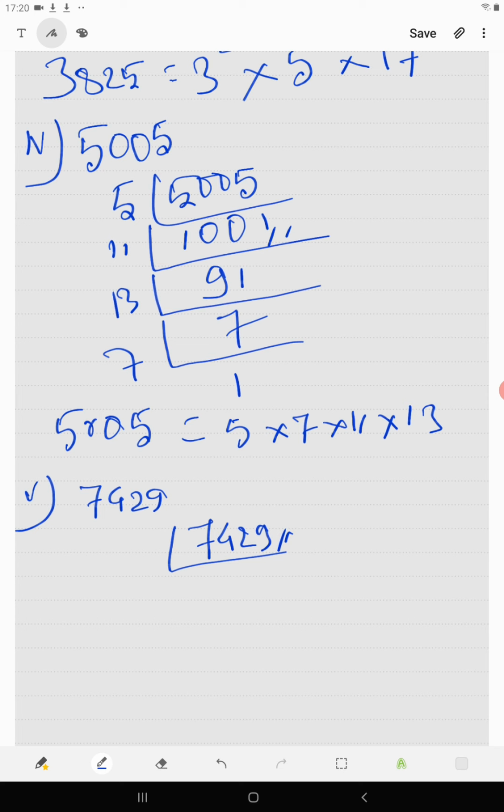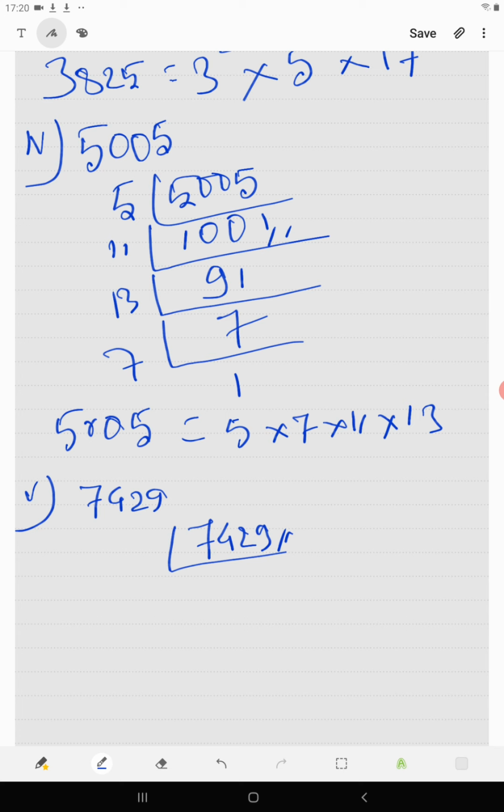So we need to take a multiple of a number whose unit digit is 3. Let's try with 3 first. It didn't go.